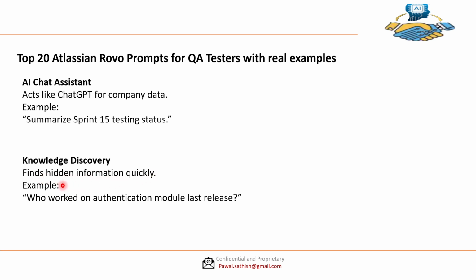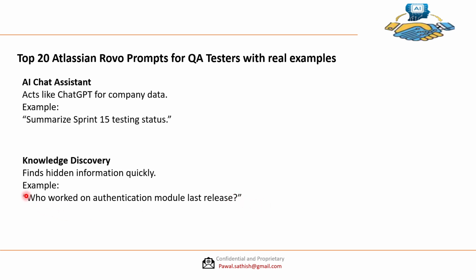For example, if you need to find out who worked on a module in the last release and you're not aware, instead of going back to the specific release and finding the stories, epics, and developers, we simply give the prompt in simple English, like who worked on the authentication module in the last release, and you can give the release name.